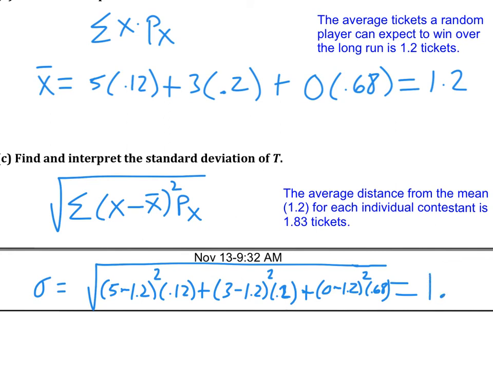The square root of all that, about 1.83. Okay? Which on average, that's how much variability we would have from the mean.